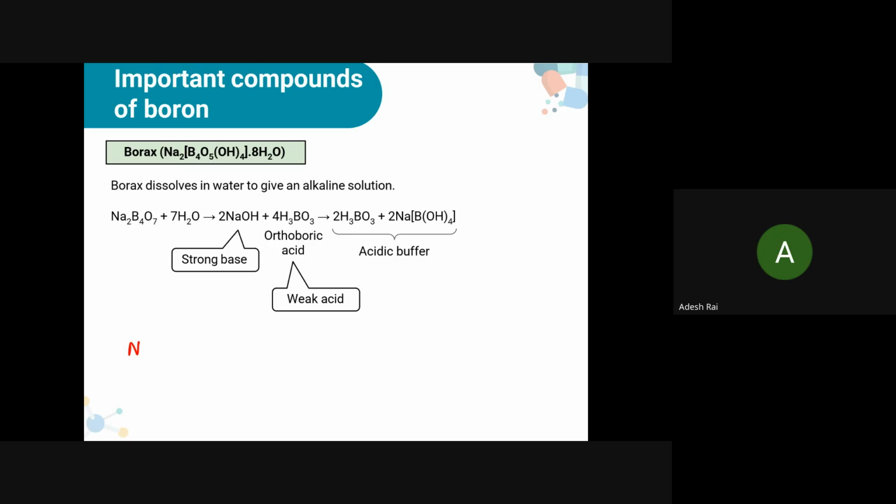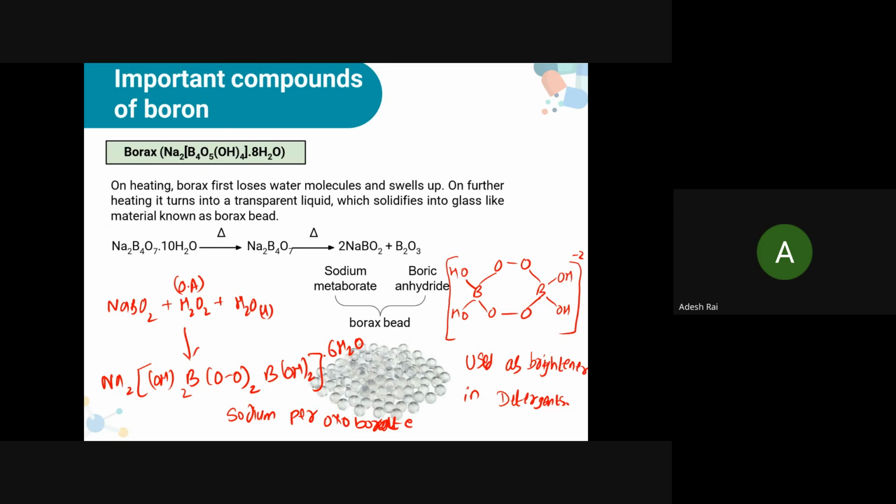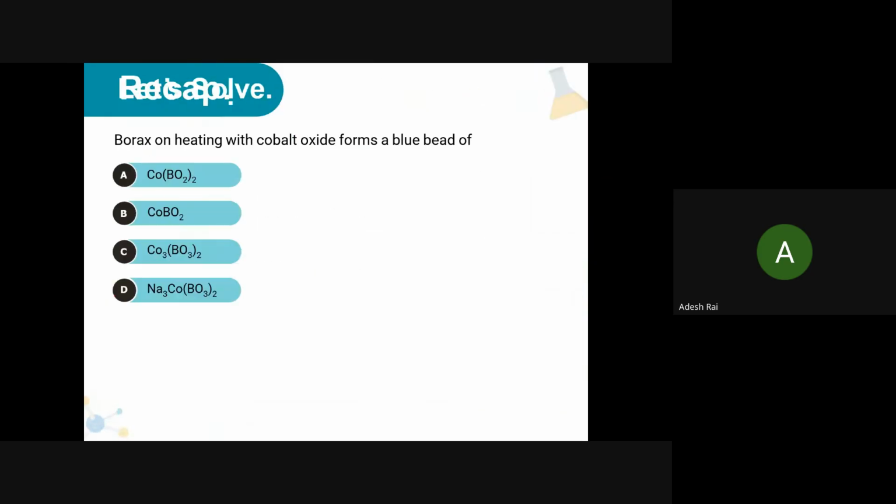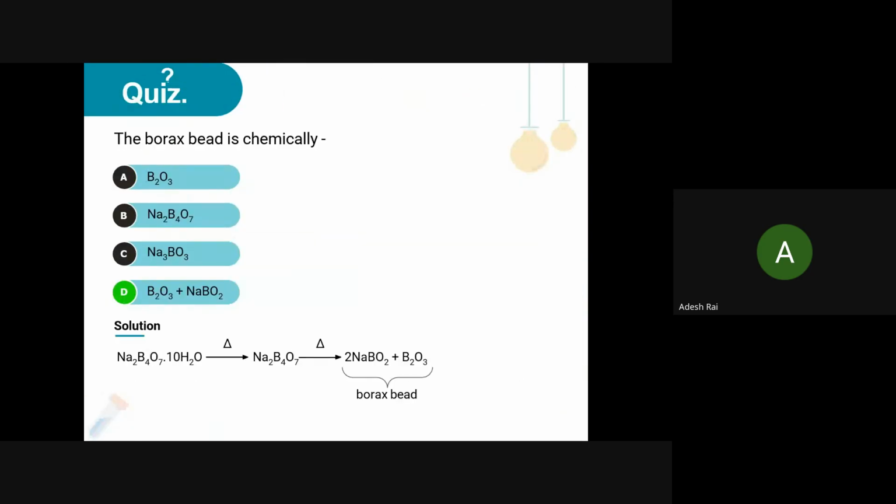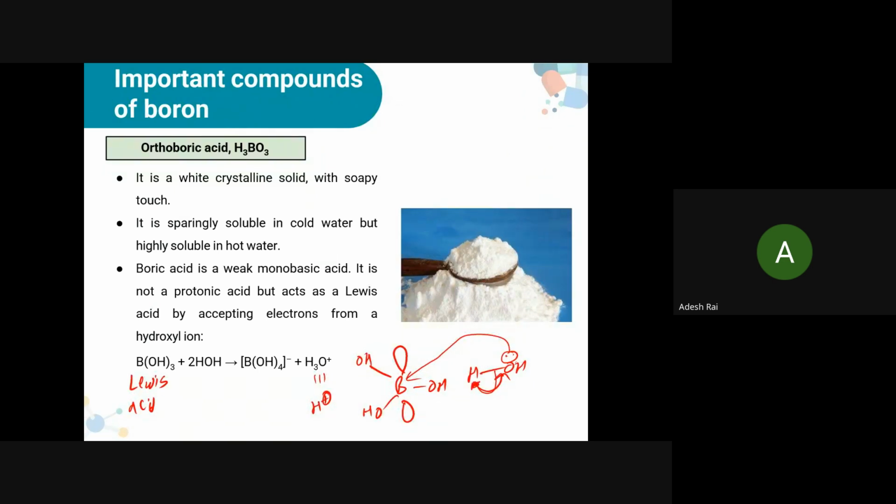When it is forming B(OH)4 minus, it is receiving OH minus. I discussed this in the n-factor concept. What is this? B(OH)4 minus. It is accepting an electron pair from OH minus. Understood, okay.